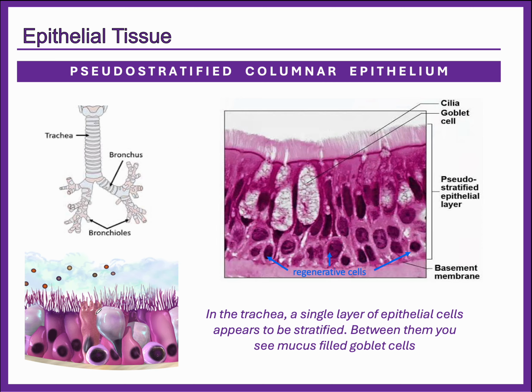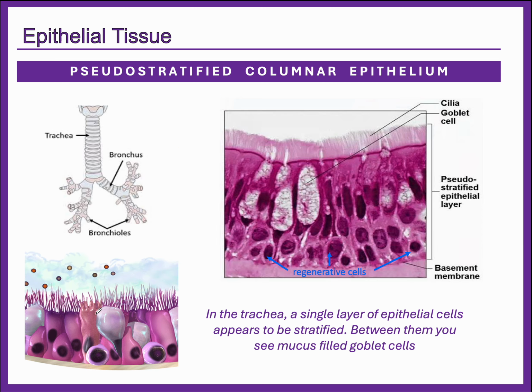These are called goblet cells, and they make mucus and secrete it out over here. And then the cilia beat that mucus in one direction. So the goblet cells are producing and secreting a sticky substance called mucus, which traps the debris or the bacteria trying to get into the deep parts of your lung.